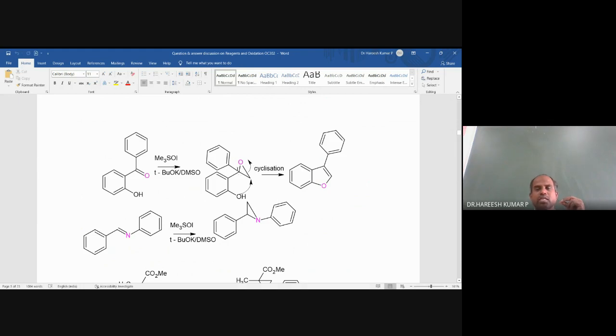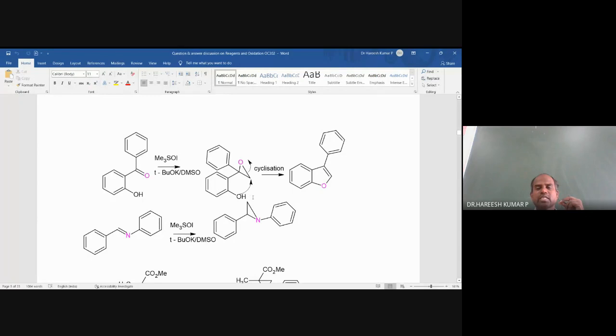Once the epoxide is obtained, there will be a reaction with this oxygen, maybe a lone pair or the bond pair will form a new bond here, and this epoxide is converted into a hydroxy group. And later on, there will be a removal of water.